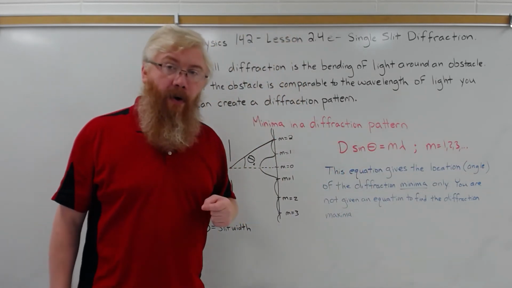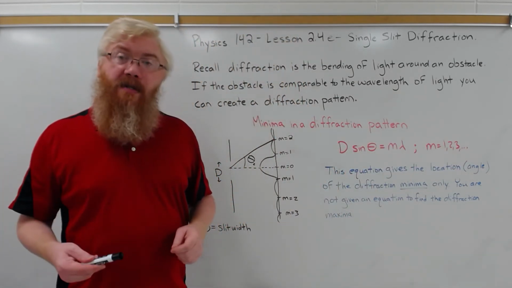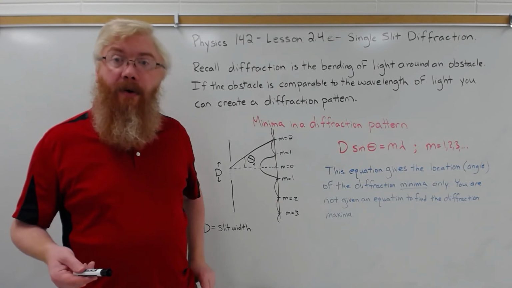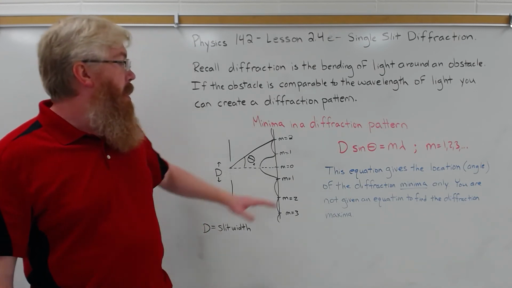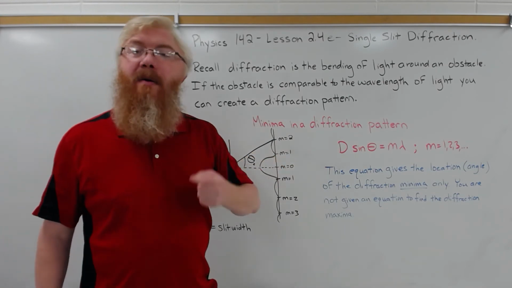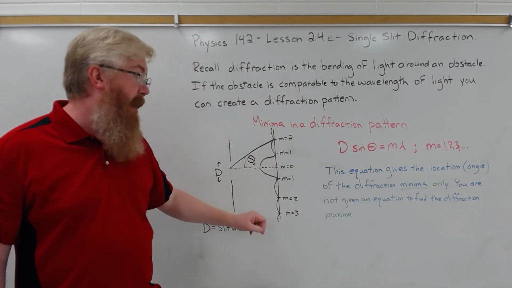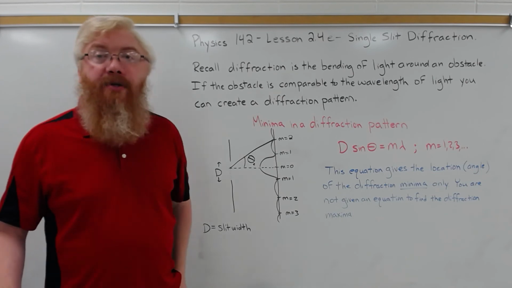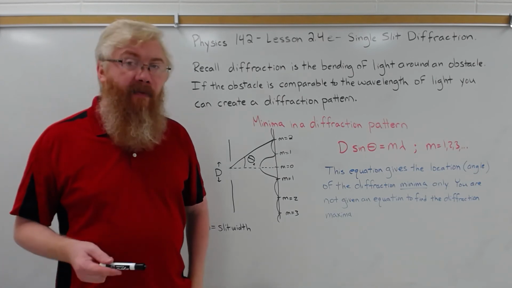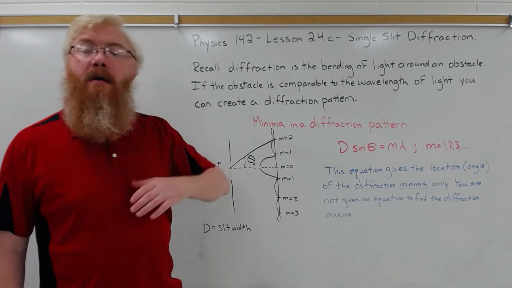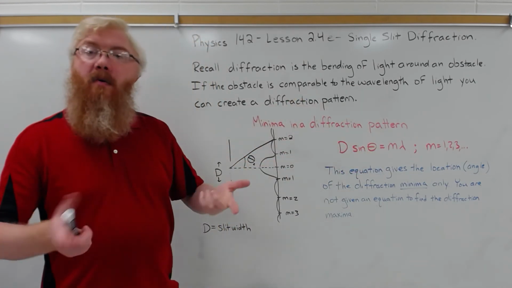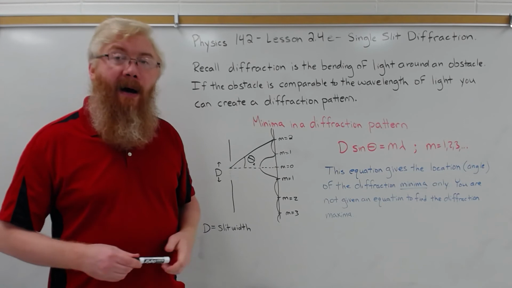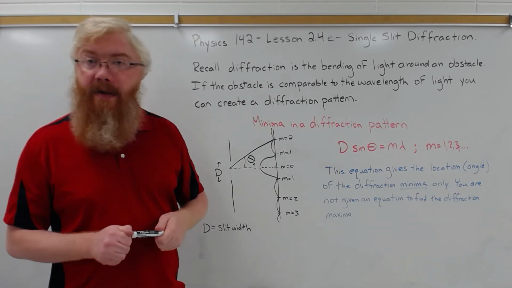It cannot be 0. Unlike the interference pattern where it can be 0, for diffraction it cannot. This equation gives the location or angle of the minima of a diffraction pattern. You're not given an equation for the maxima of the diffraction pattern. It is not just simply adding 1/2 to the m term like we did for the interference pattern. It's a bit more complex than that, and we don't get into that in this text.